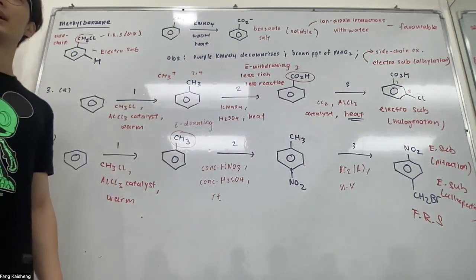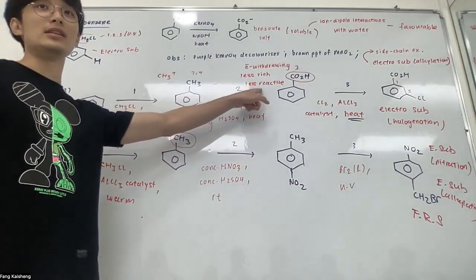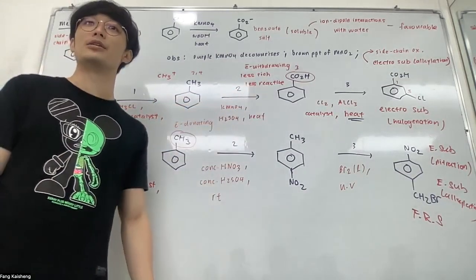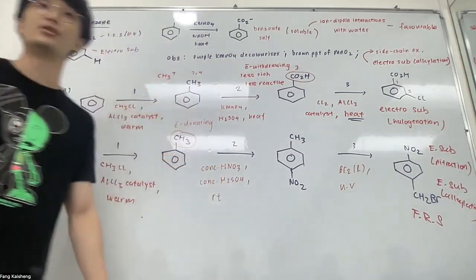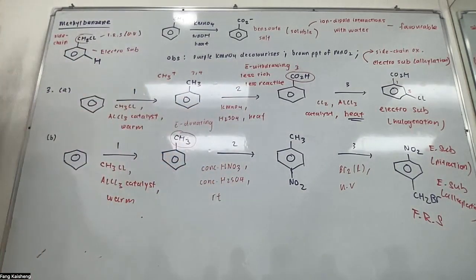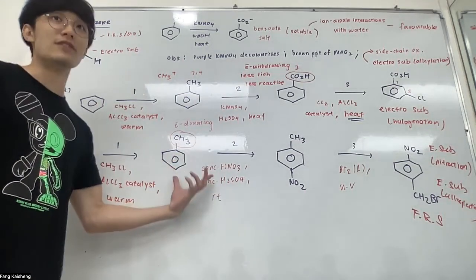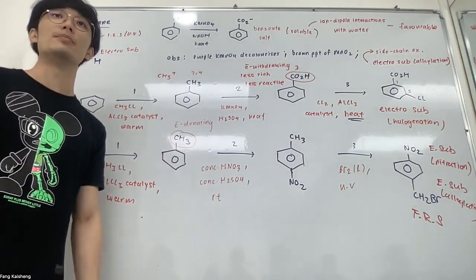Compared to this guy here, now the benzene is less reactive. He's now more lazy. You imagine a very lazy person, right? You need to really scold the person, so you need to be stronger, harsher on the person, harsher conditions. This guy is more motivated, so you don't have to push him that hard.